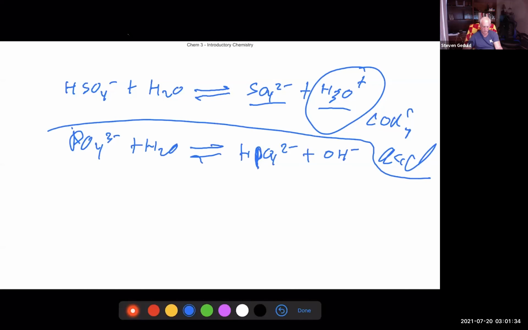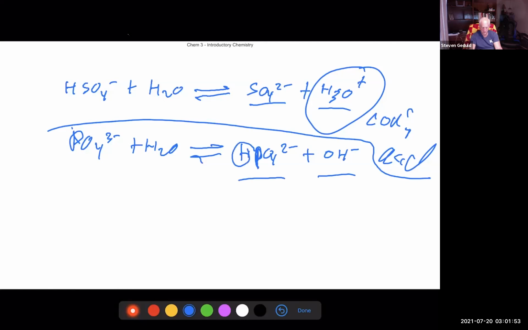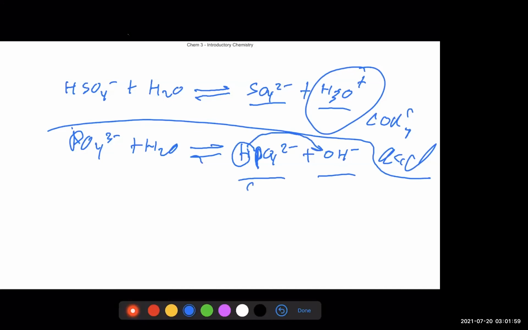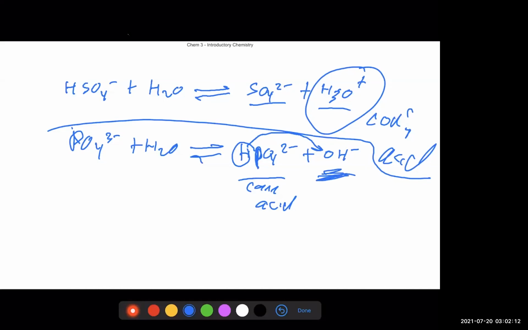So which one is the conjugate acid? Which one here donates a proton? Which one gives a proton to the other one? This proton goes here to form H2O, right? So this is your conjugate acid. It gives up a proton. Does that make sense? This one accepts the proton over here.